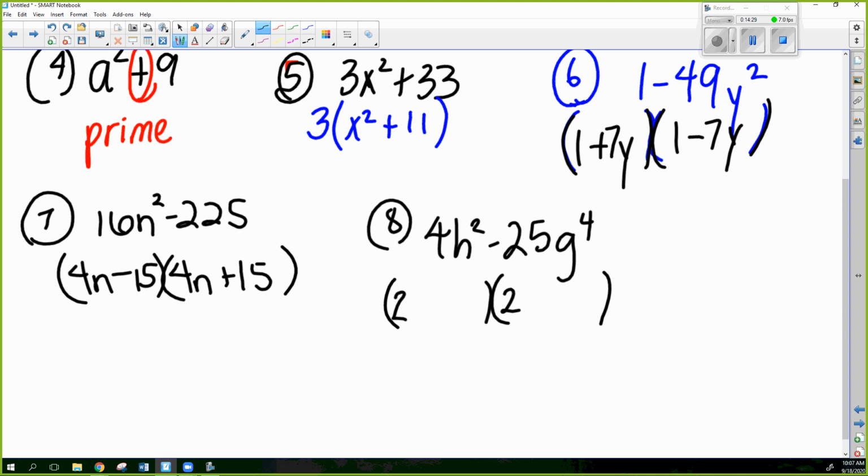How about h squared? What do I break that into? H and h. All right, where does 25 come from? 5 and 5. But for g to the 4th, I got to figure out how to cut that into 2 equal things. So you just cut it in half, and we get g squared on each. Okay?